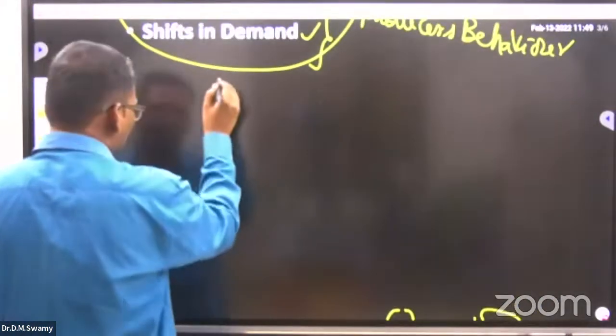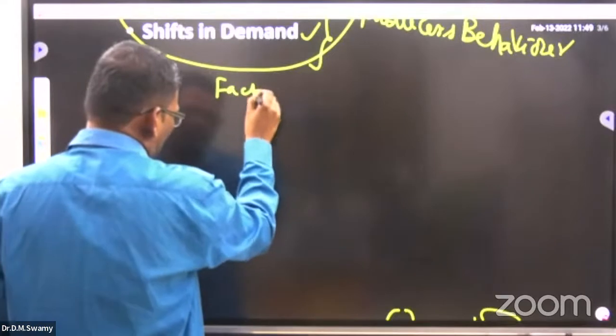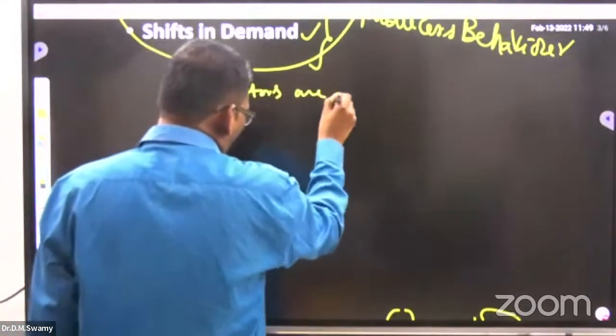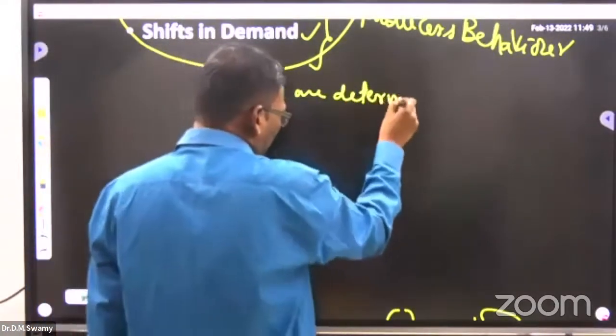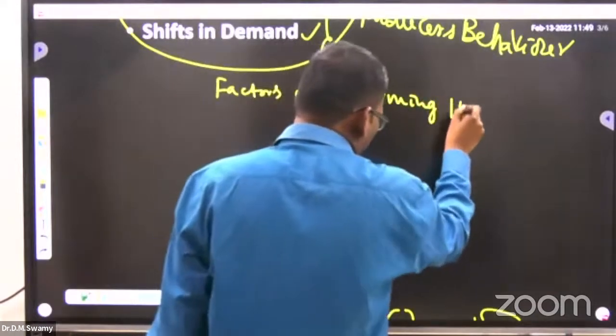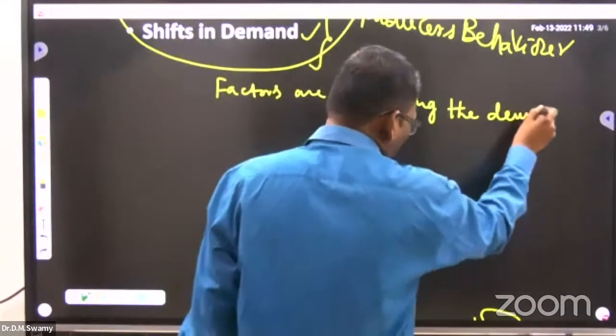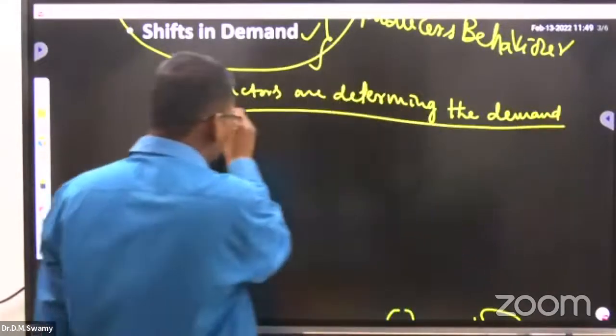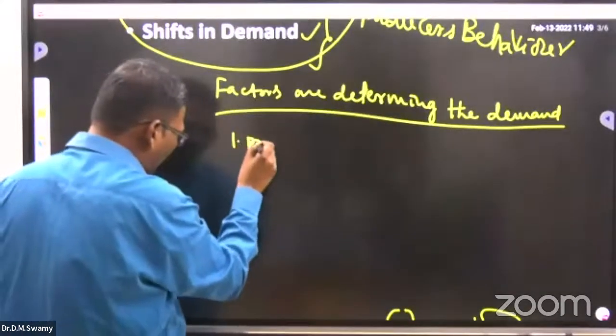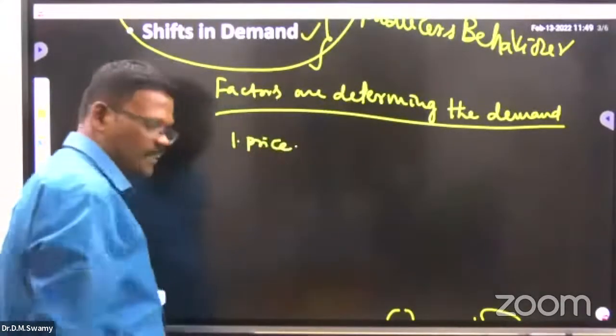Factors determining the demand. The price is one of the determining factors of the demand.